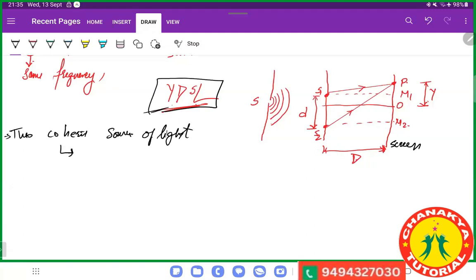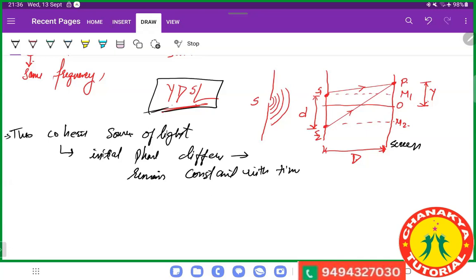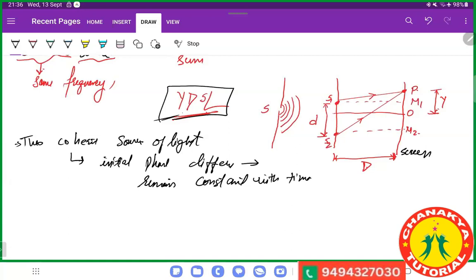Means what? They have an initial phase difference with respect to time that is the same, or remains constant with time. That is what two coherent sources are.